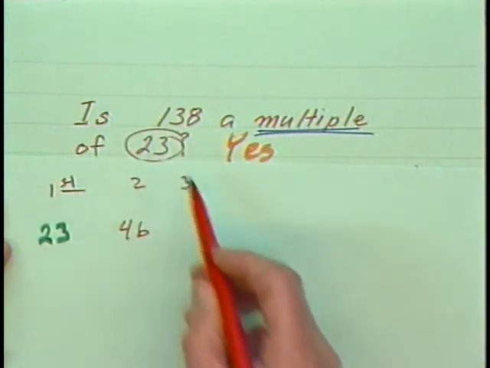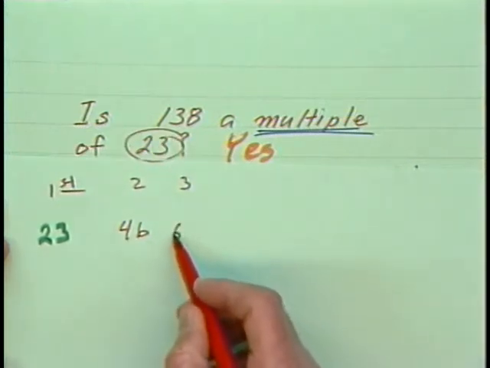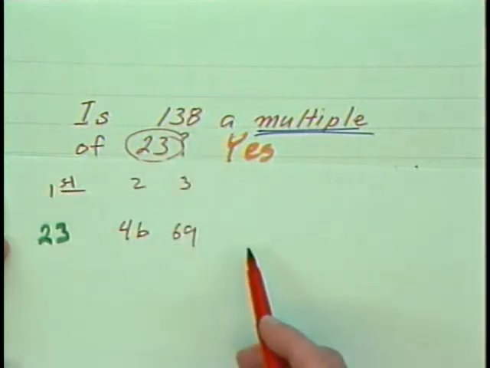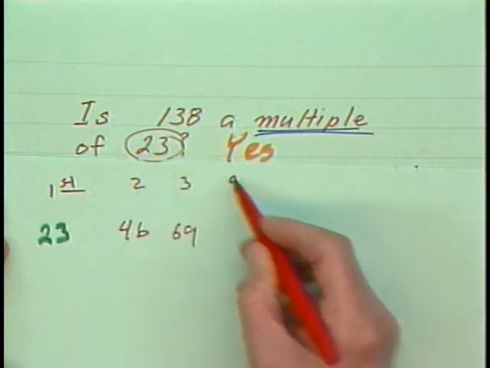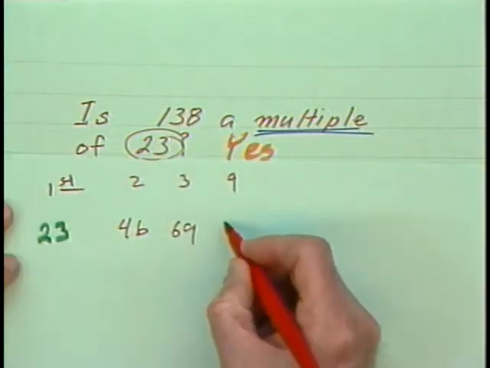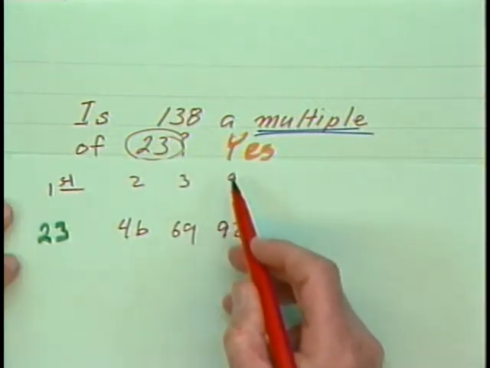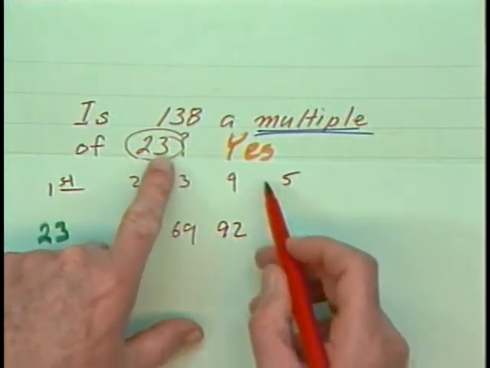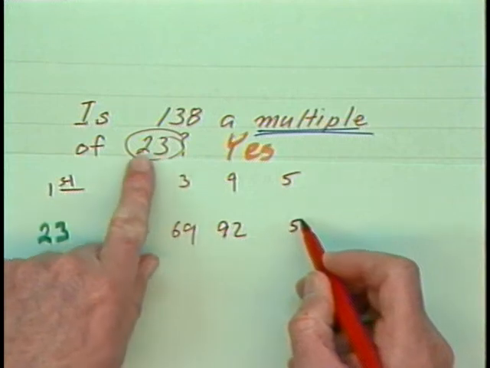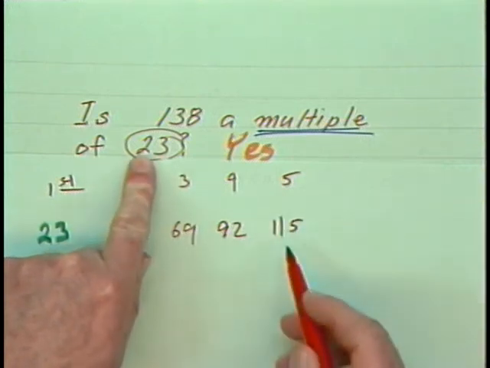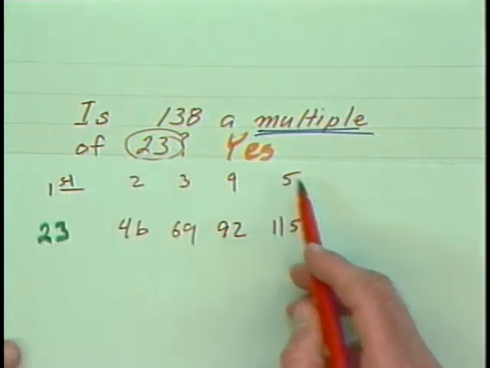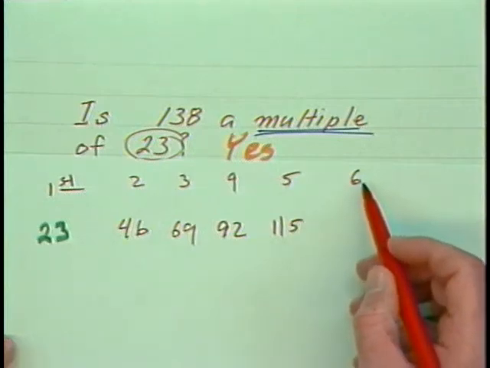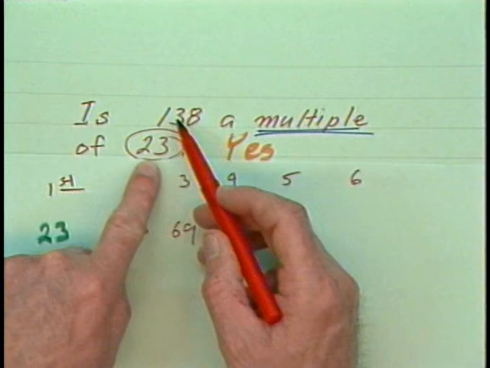Then 3 times 23 would be 69, or the third multiple of 23. Then 4 times 23 would be 92, so 92 is a fourth multiple. 5 times 23, 15, carry the 1, 11. So 115 is a fifth multiple, and we're claiming that the 6th multiple of 23 is 138.